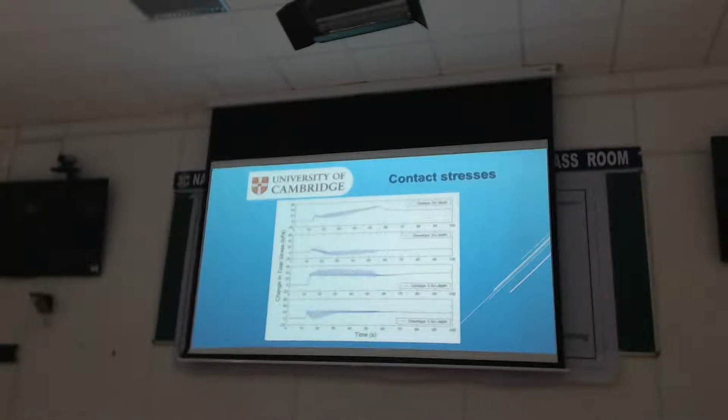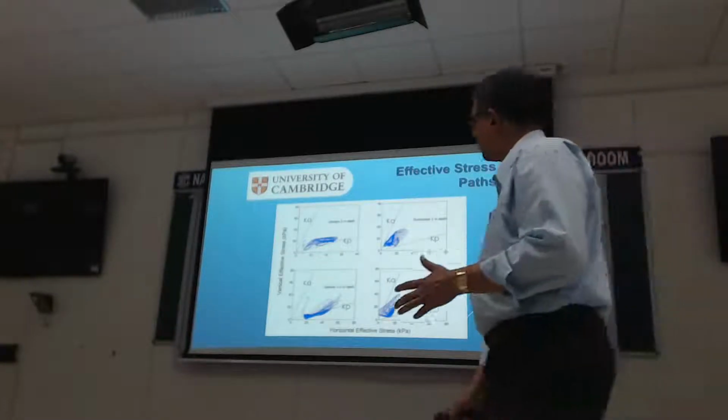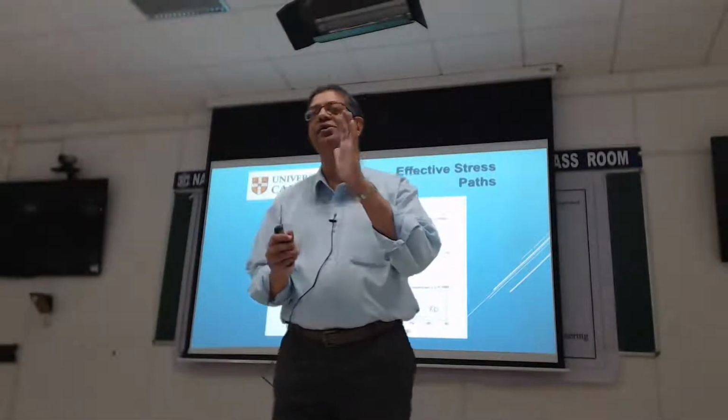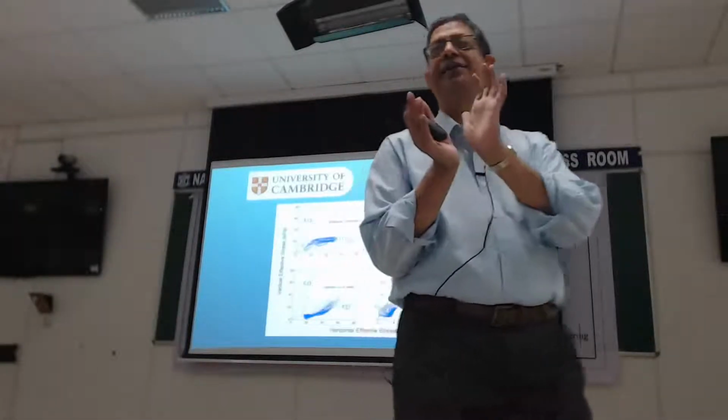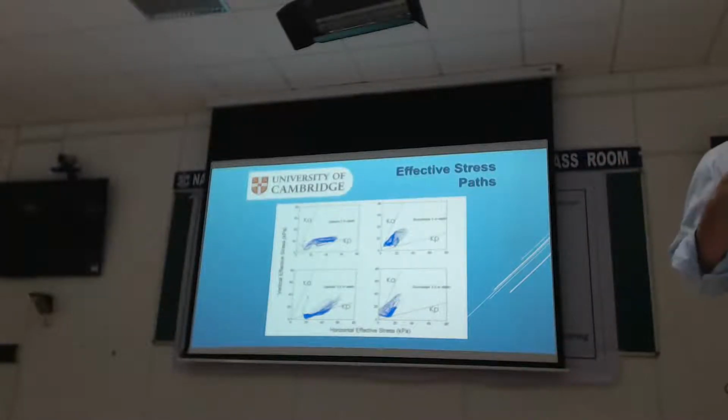And the same thing is happening at a deeper level. That in itself does not tell us the changes are happening. What you want is to look at the ratio of the vertical stress to horizontal stress, or how that changes, because that tells you the earth pressure coefficient, if you like.